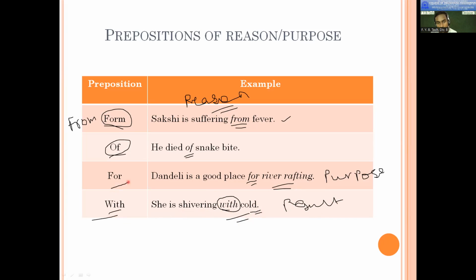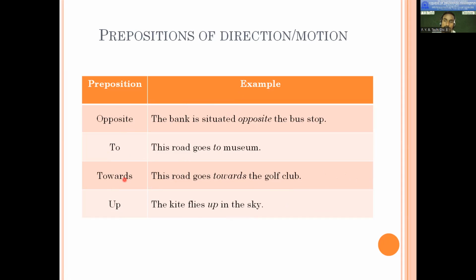So here I'm taking examples from different contexts that you people have to understand. Now, even the word opposite is also a preposition. The word opposite is also a preposition. How? We can see the example here. The bank is situated opposite the bus stop. So when you say opposite the bus stop, they are maybe face to face.